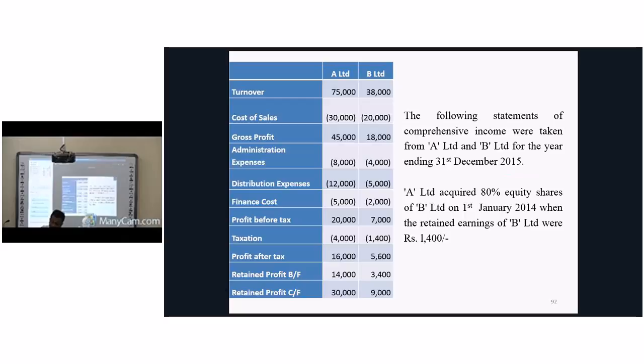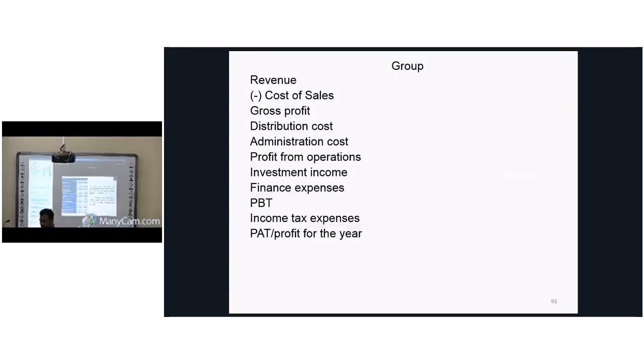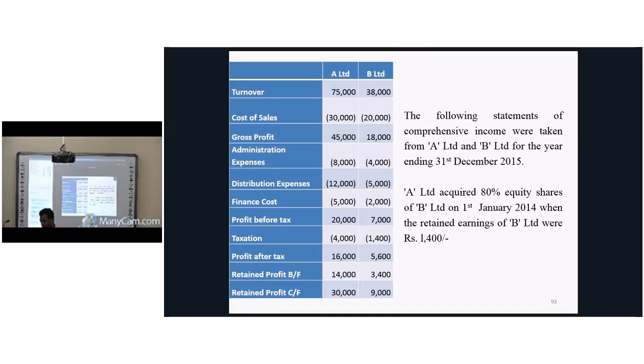It won't be a big issue, but at least you have to pay attention to the basic adjustments relating to group financial statements in the income statement. So again, as in the balance sheet, we do line by line consolidation. Let's have one question to see how we can prepare this quickly. At least to see one question today, and we can do the rest next week.